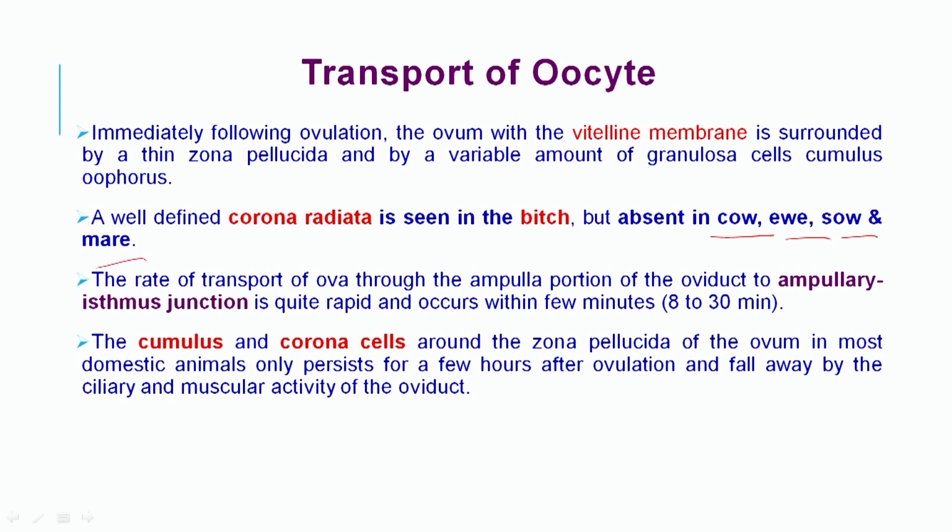The transport of the ova through the ampulla portion of the oviduct to the ampullary isthmus junction, which is the site of fertilization, is quite rapid and occurs within 8 to 30 minutes in different animals. Cumulus and corona cells around the zona pellucida in most domestic animals only persist for a few hours after ovulation and fall away by ciliary and muscular activity of the oviduct.